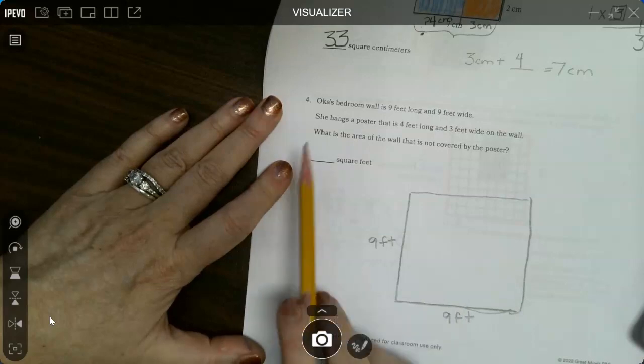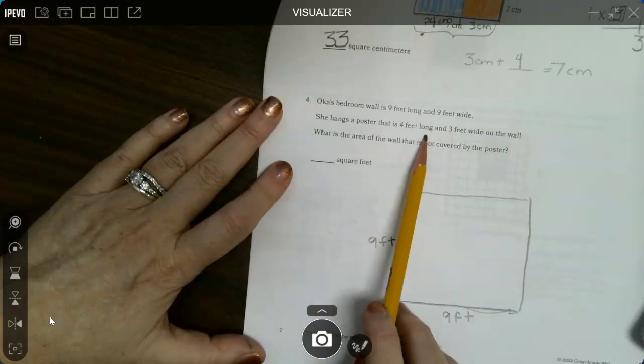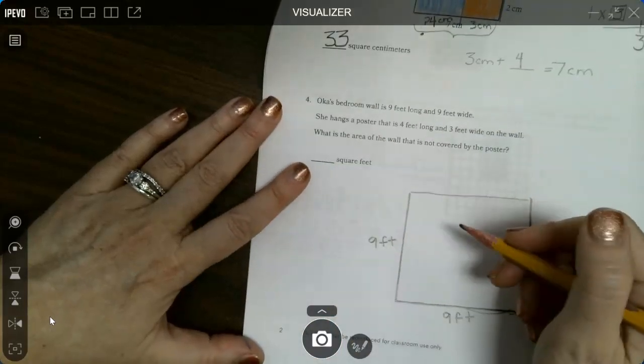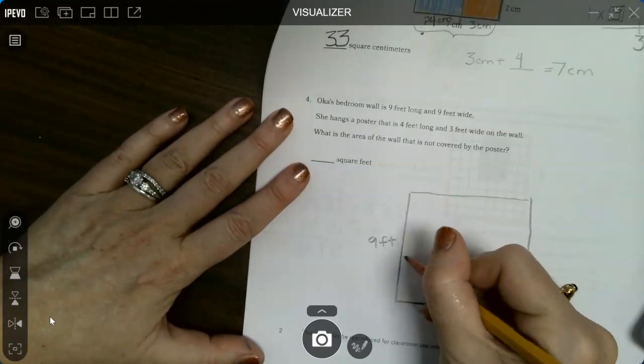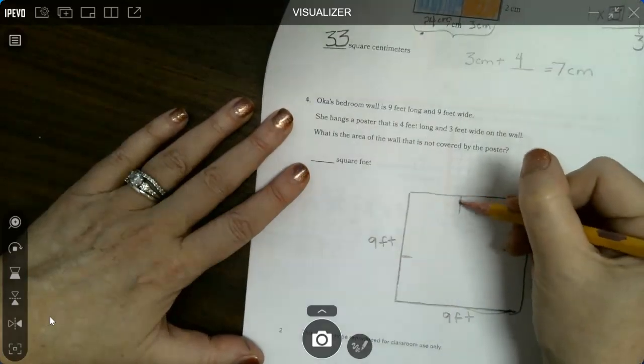Then it tells me she hangs a poster on that wall that is 4 feet long and 3 feet wide. So I have a portion of that that is 4 feet long and a portion that is 3 feet wide.